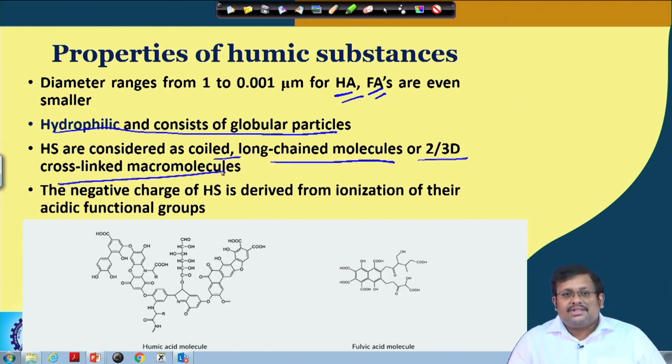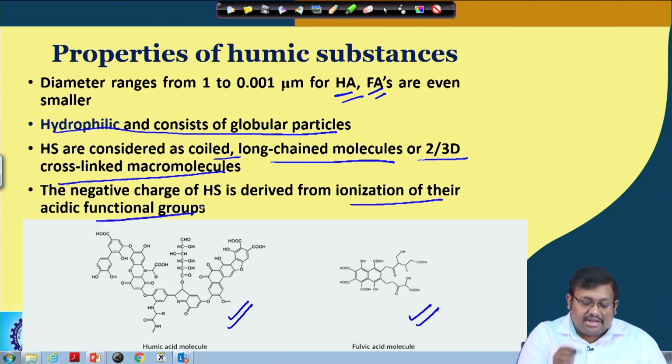So, it is a complex structure, as you can see. This is a humic acid molecule and this is a kind of fulvic acid molecule, although their structure is not very well defined and their structure can change depending upon different conditions. The negative charge of humic substances derives from ionization of their acidic functional groups.